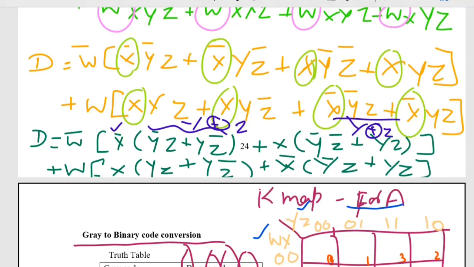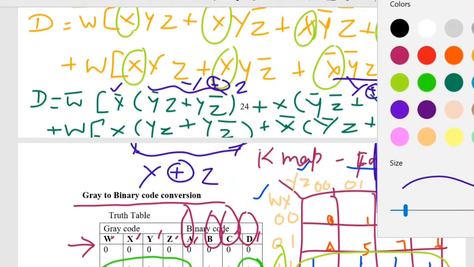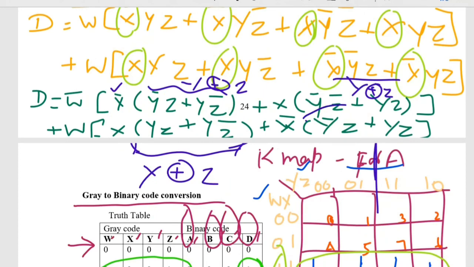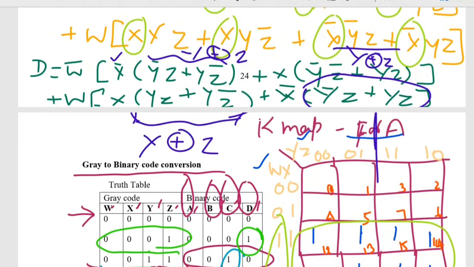Here this term is Y XOR Z, and this term becomes X bar into (Y XOR Z) the whole bar.